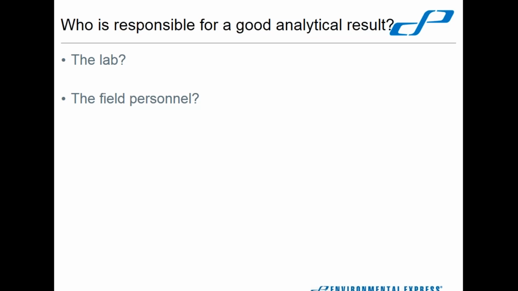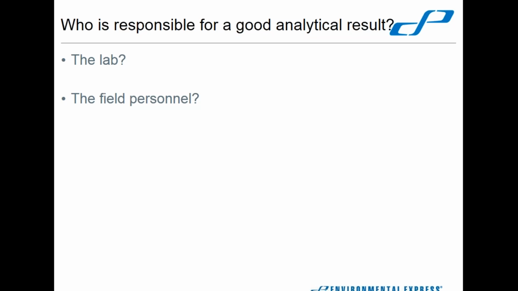If you don't get good samples in the lab, then any data you generate is not going to be good either. Garbage in, garbage out, as the computer programmers tell us. If the samples come in and they've been handled improperly and are not representative of what you're trying to analyze, then the data that you generate from them is useless.